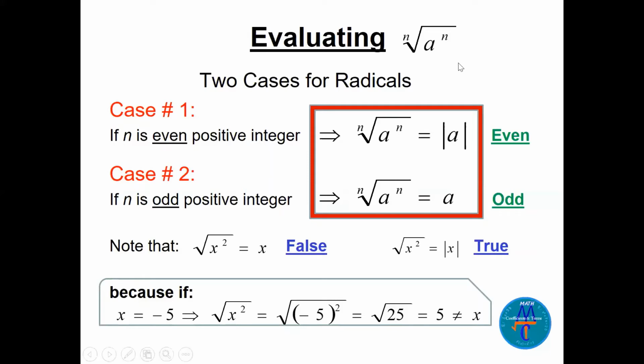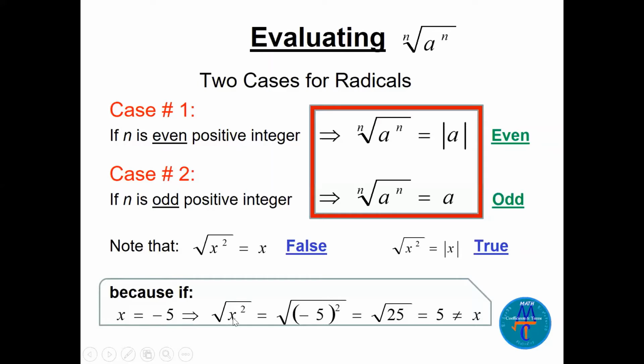Now, some people ask why we have to put absolute value here. I will give an example: square root of x squared. If you write x, that's false. See, the index here is 2, which means even. Square root of x squared, for the answer to be true, is the absolute value of x, because x can be negative. Look here, suppose x is minus 5.